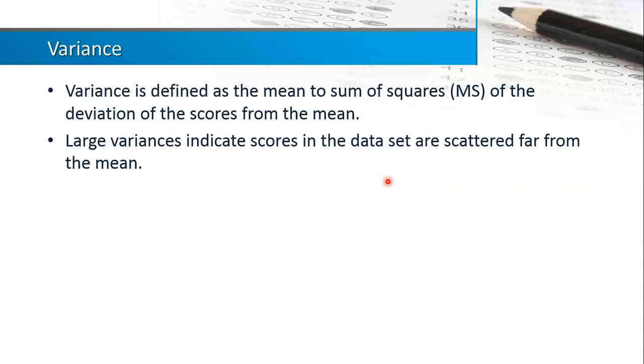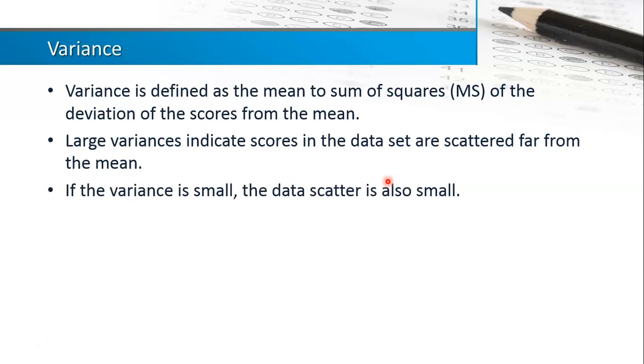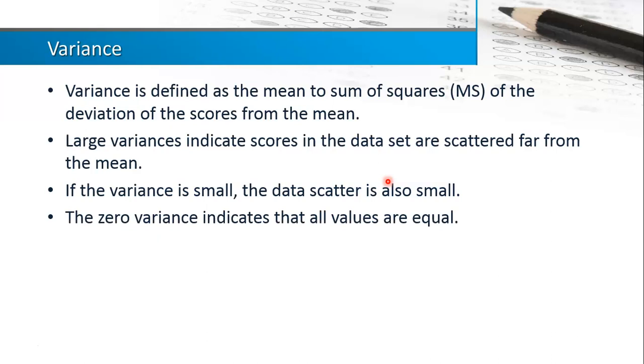Variance is already a good indication of how scattered the data is. A large variance indicates scores in the data are scattered from the mean, while when the variance is small, the data scatter is small. If the variance is 0, that indicates all the values are equal, all the same. So there is a problem there also. It is very abnormal to get a variance of 0.